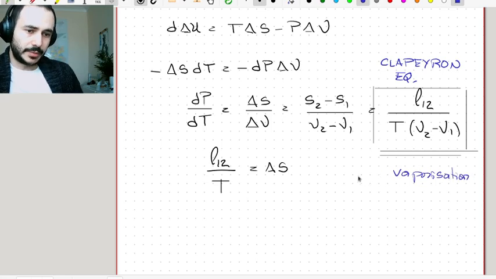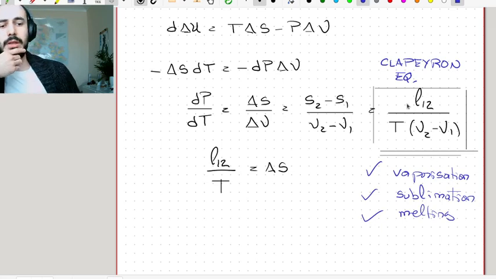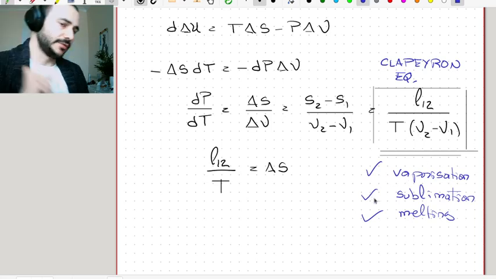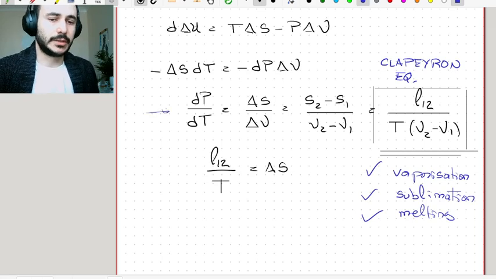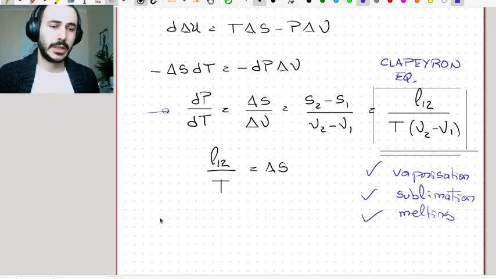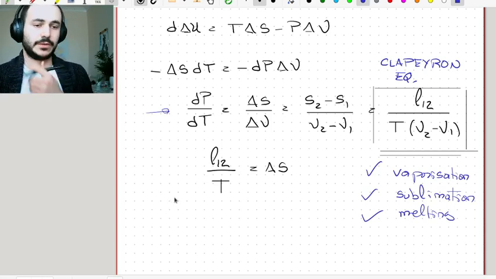It can be applied to vaporization, but also to sublimation and melting. So for all three, if you know the latent heat of, say, sublimation, and you know the difference in molar volumes between, say, solid and gas phase, you can also calculate the rate of change of the corresponding pressure at which the transition occurs as a function of temperature.